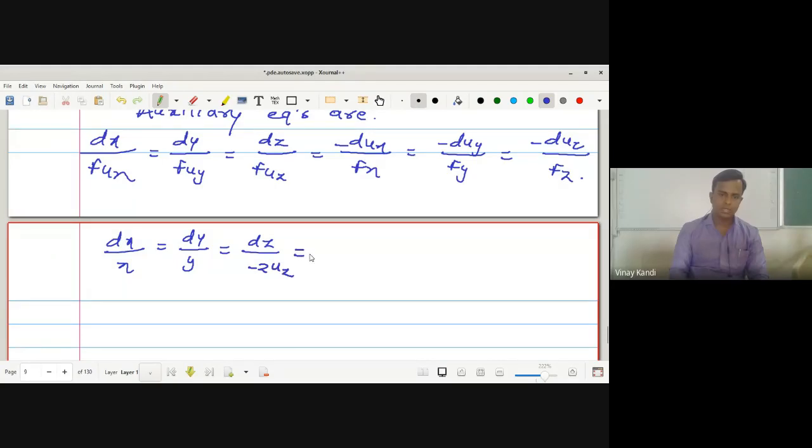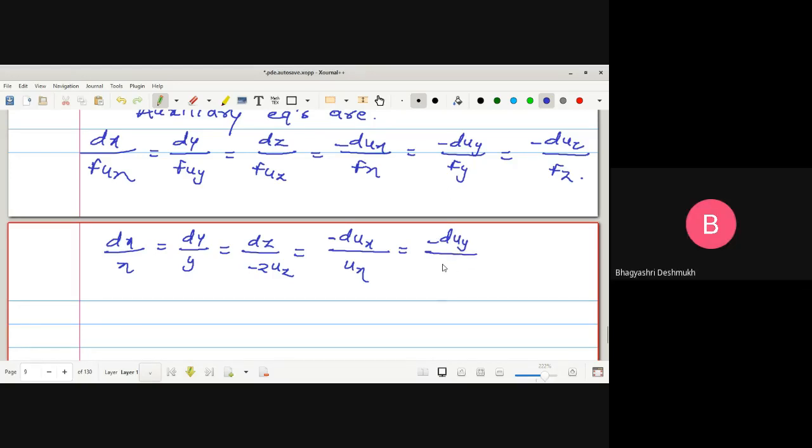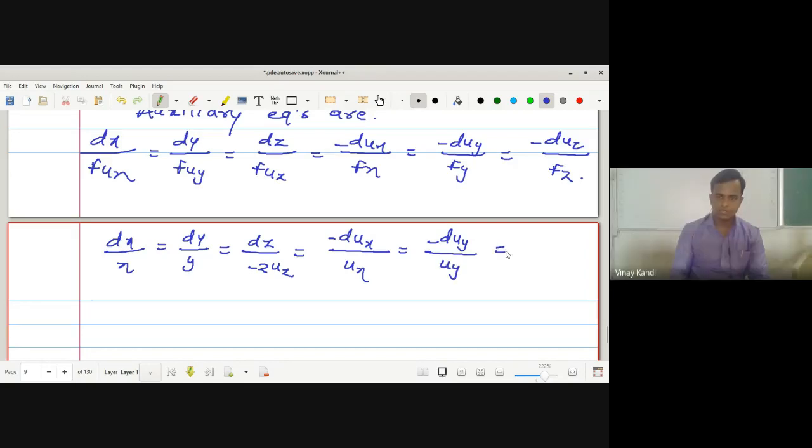So minus dux upon fx is what? Differentiate with respect to x. Minus ux, dux upon ux, minus duy upon what is fy? uy, which is equal to minus duz upon 0.